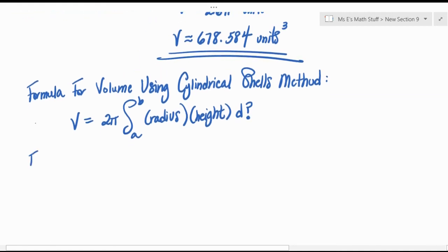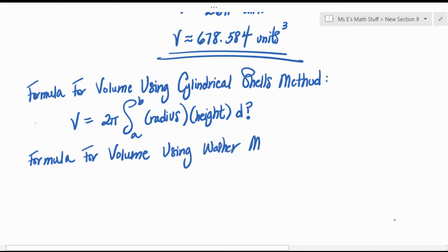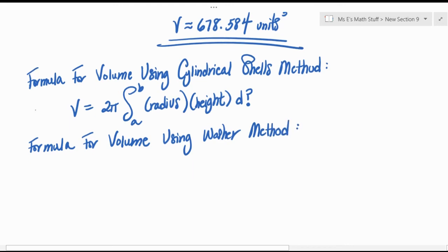And while we're at it, let's make it official. What's the formula for the volume using the washer method? And we could have a different formula for a disk method, but I don't know why you would. Anyway, that was pi, notice instead of 2 pi, times the integral from appropriate bound to appropriate bound of, and we're going to do this in words to avoid needing to memorize a bunch of different formulas.